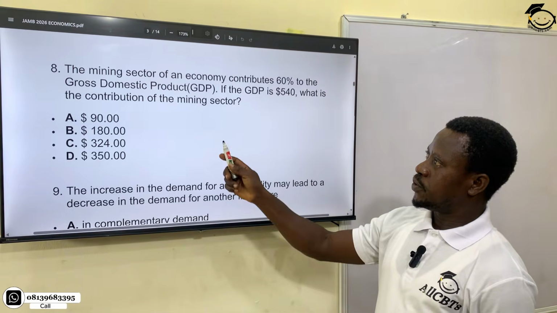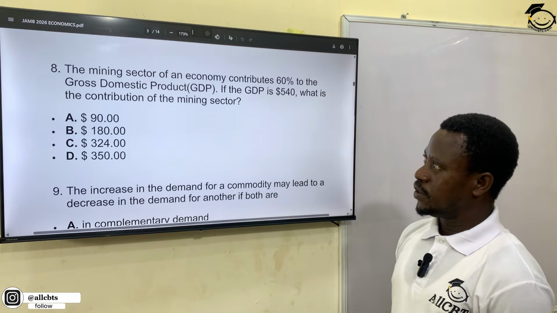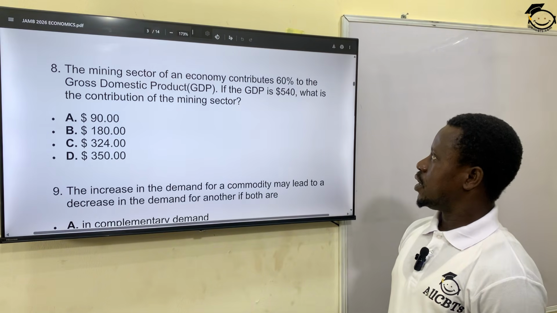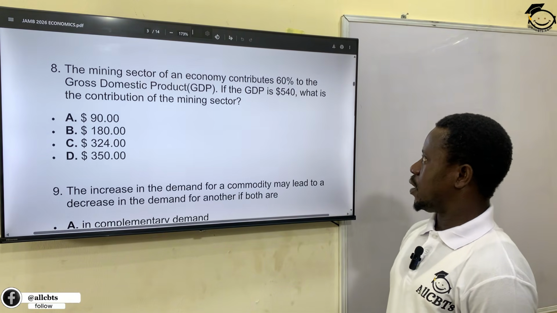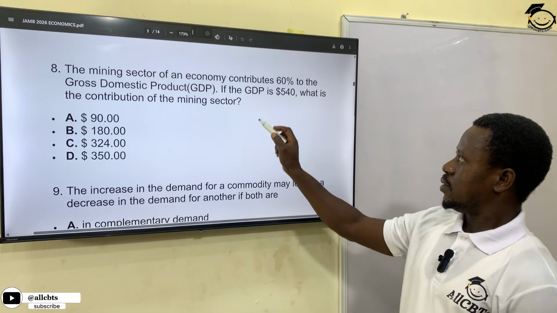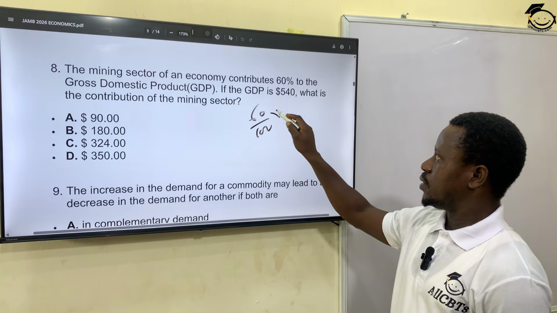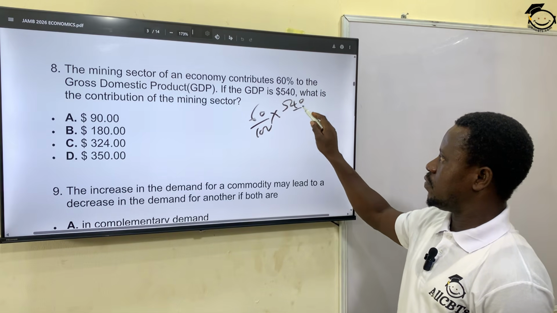The next question. The mining sector of an economy contributes 60% to the GDP. And if the GDP is $540, what is the contribution of the mining sector? We just get that by 60 over 100, that's 60% times 540 over 1.